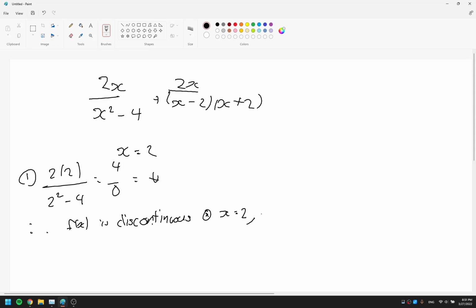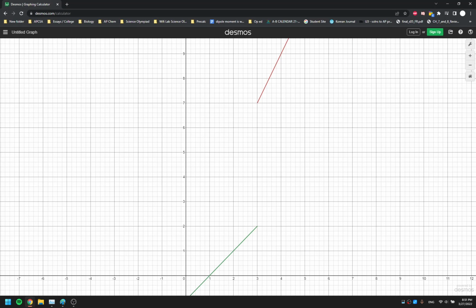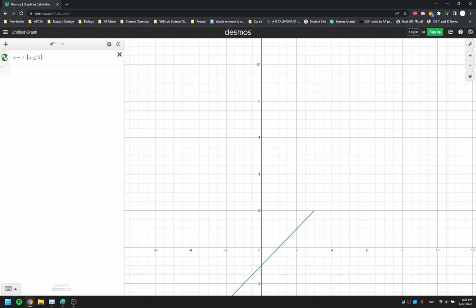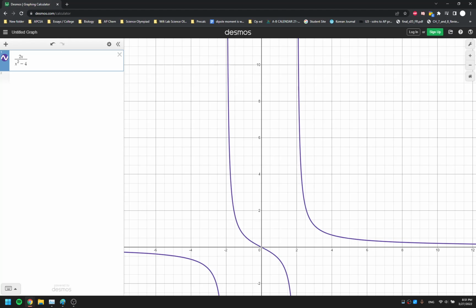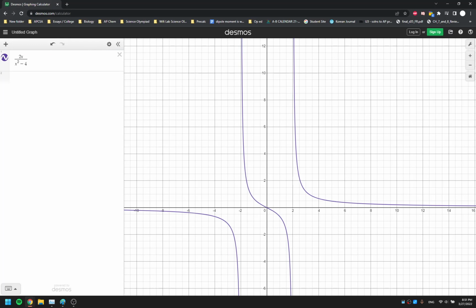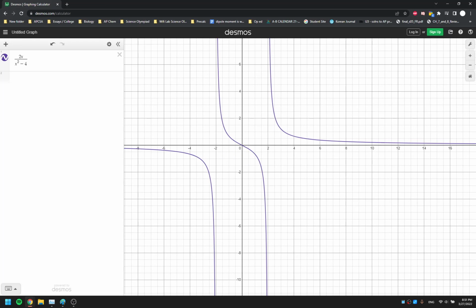If it asks for the reason, you just put vertical asymptote, and we can graph this to show that would be correct. 2x over x squared minus 4. Yeah, there's an asymptote at x equals -2 and x equals 2.